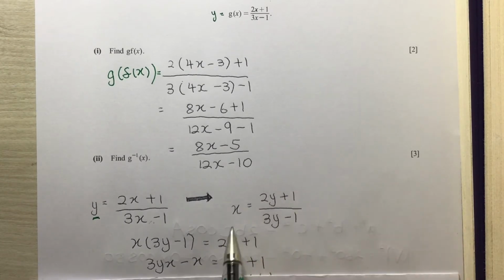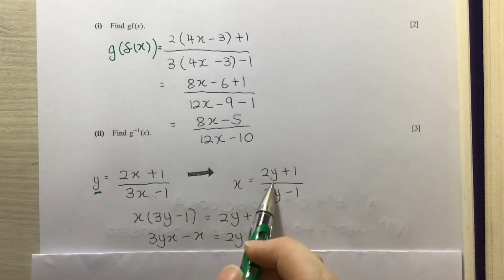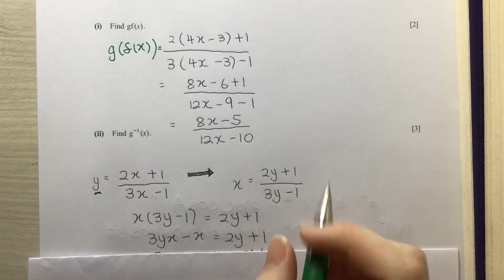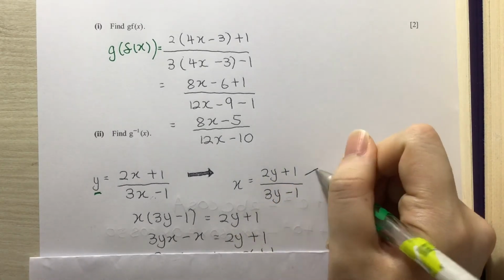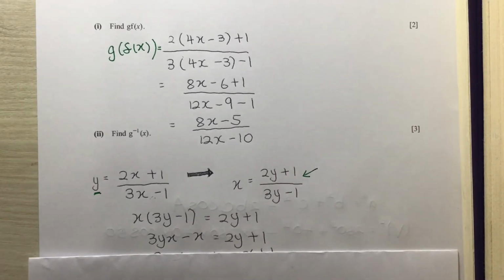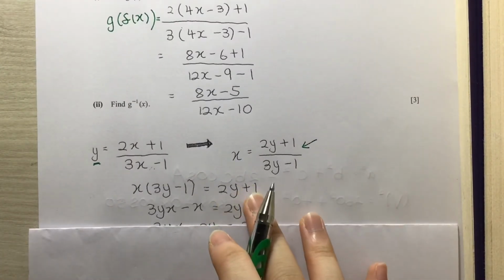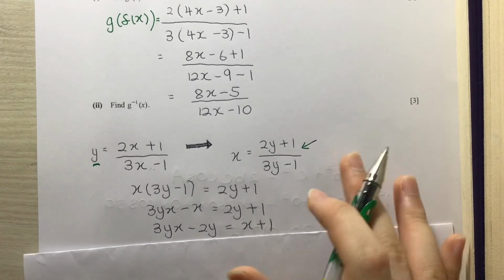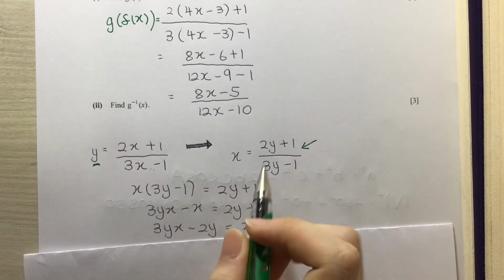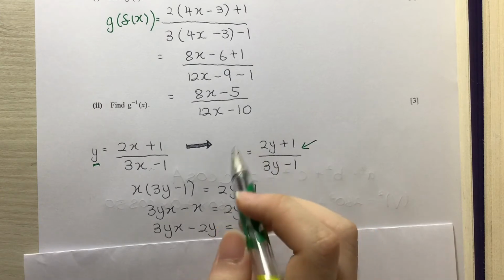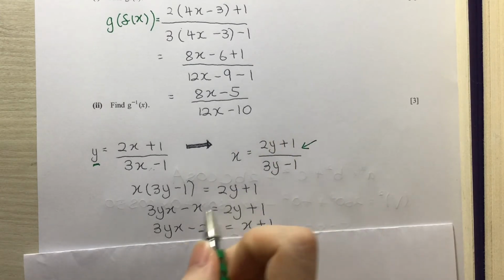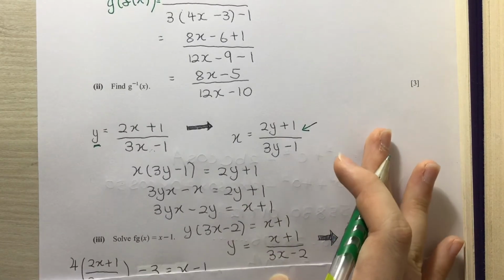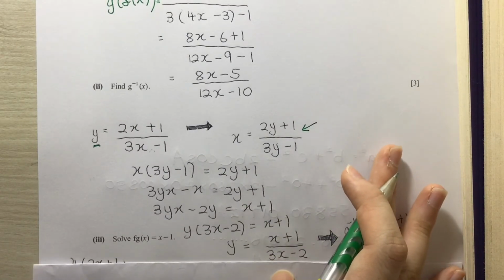And after you switch all the x into y, all you have to do is to rewrite this equation again, put it in terms of y. So for the rest of the calculation and equations over here, it is my working in an attempt to convert this one equation into a form where the left hand side is y.